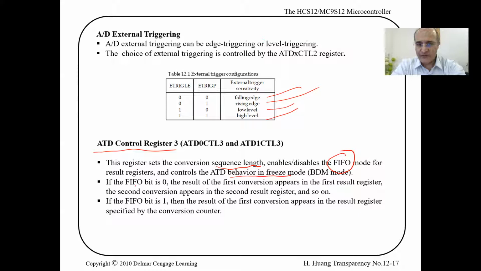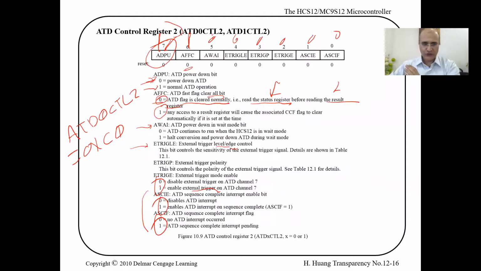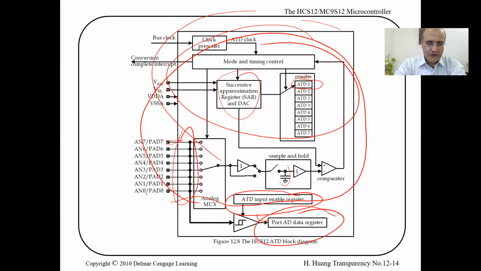FIFO means first in, first out. In this case, if you're reading A to D0, the result will be stored in result register 0. If you're reading A to D1, channel 1, the result will be stored in result register 1, and so on.